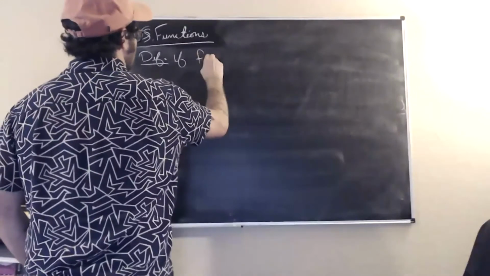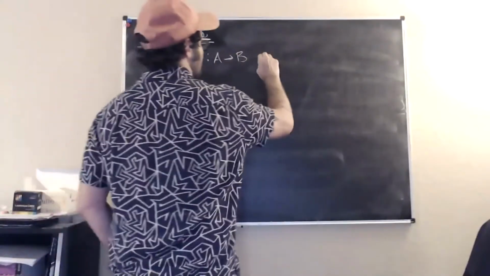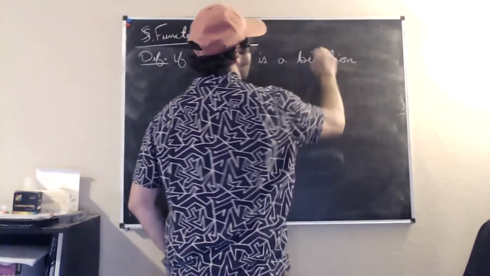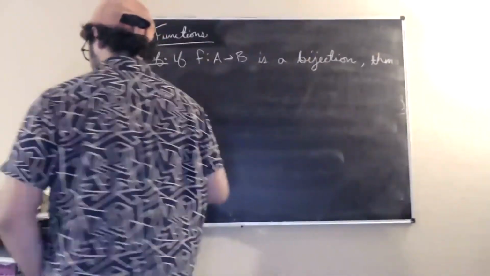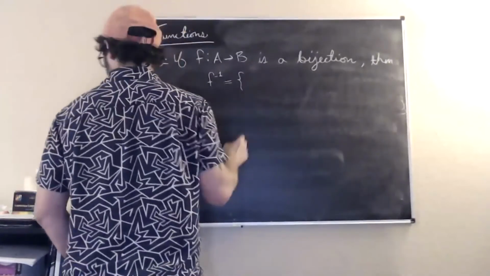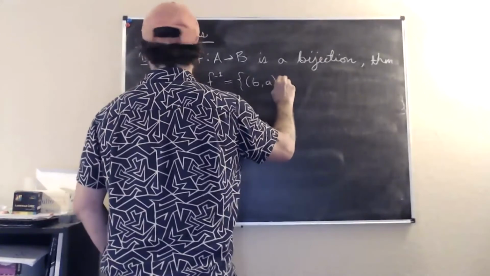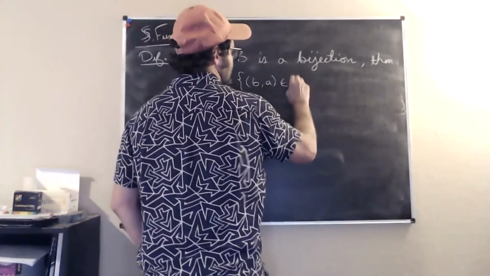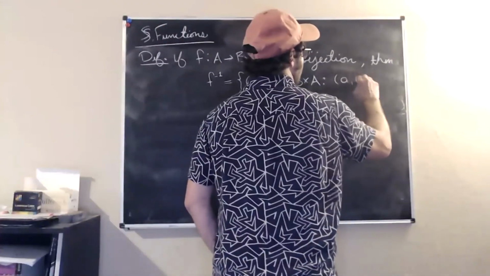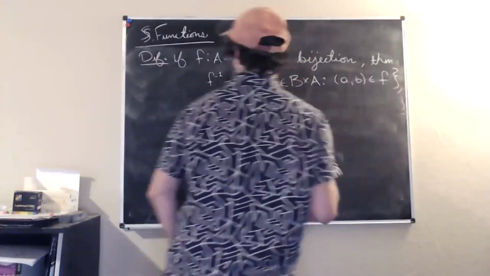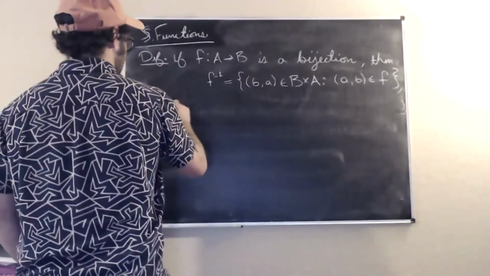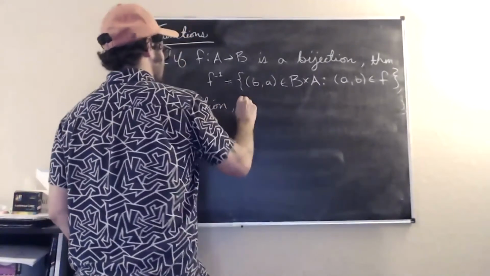If the mapping from A to B defined by F is a bijection, then F inverse is equal to the set of (b, a) such that (a, b) is in the original function F. So if that is a bijection, then this is also a function as well, called the inverse of that.